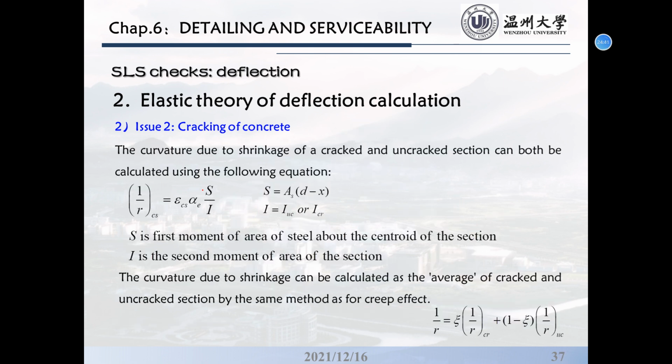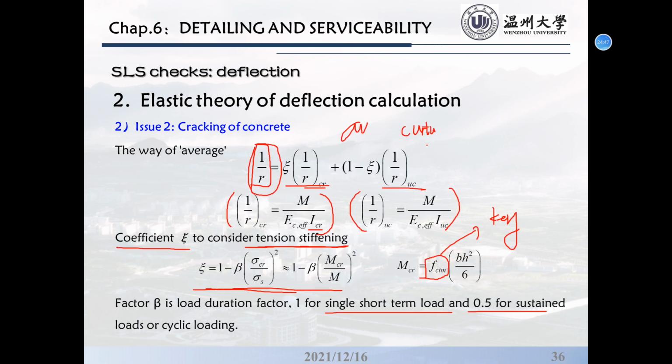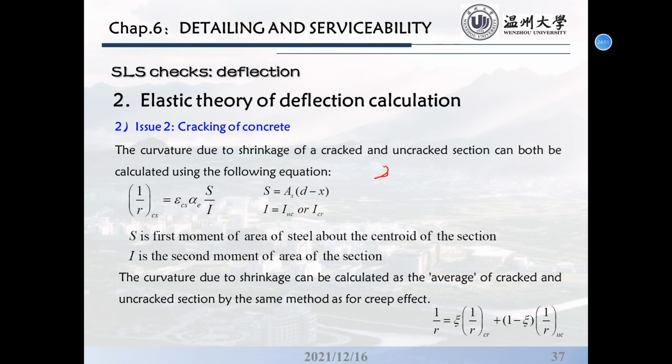The curvatures due to the shrinkage crack can both be calculated. This is one way, right? Another way is that we use this one. X is the first moment of area about the central section, I the second moment. Curvature due to shrinkage can be calculated.